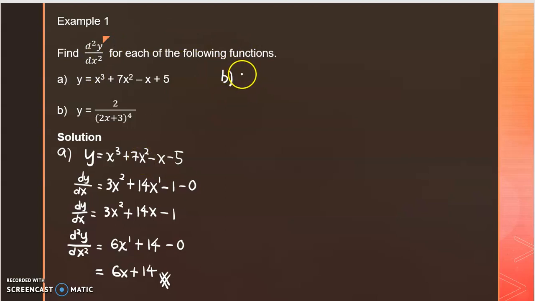So for question B, y is equal to 2 over (2x plus 3) to the power of 4. So before I differentiate, I bring this bracket to the numerator.